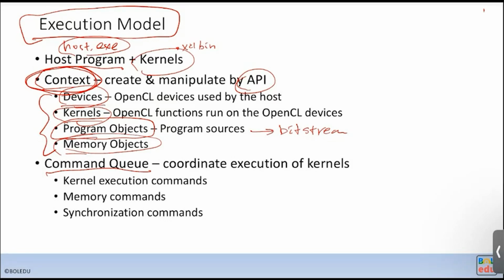And for the command queue, it is used to coordinate the execution of the kernel. It includes the kernel execution command, basically to program the parameter arguments and then trigger the kernel function. Okay, like in the pink, that's like a start, right? You basically trigger the kernel execution. And you have a memory command to move the data around. And you have the synchronization command. Okay, synchronization, let's try to map into the pink.